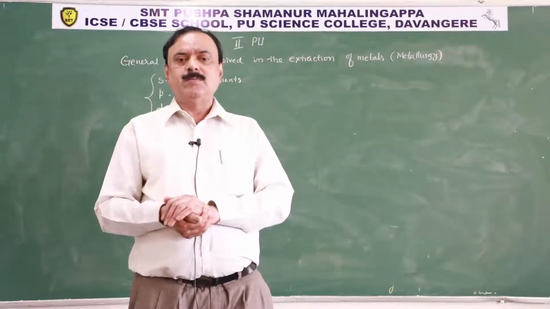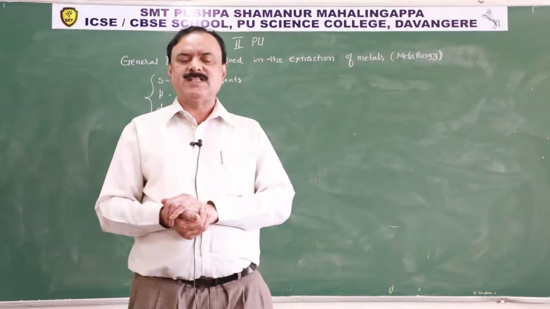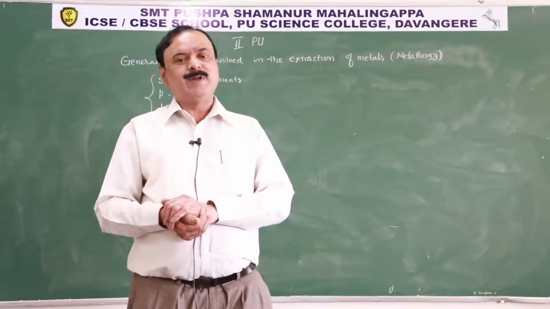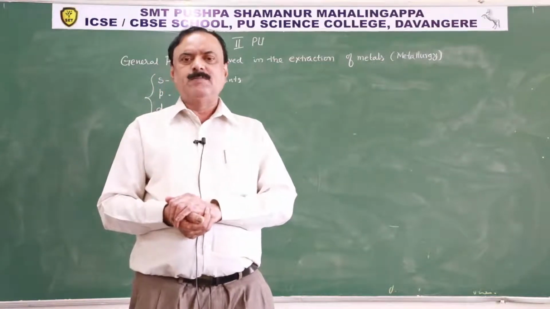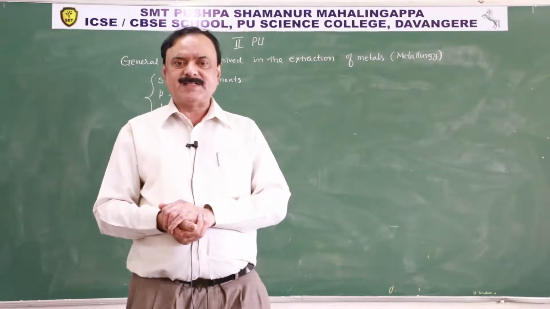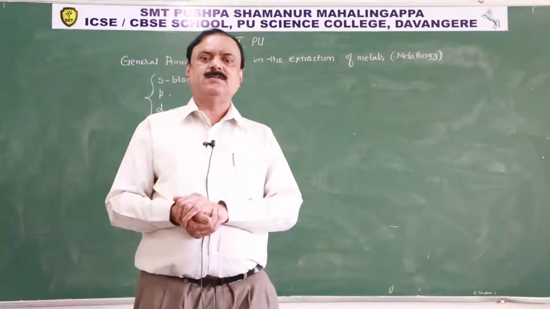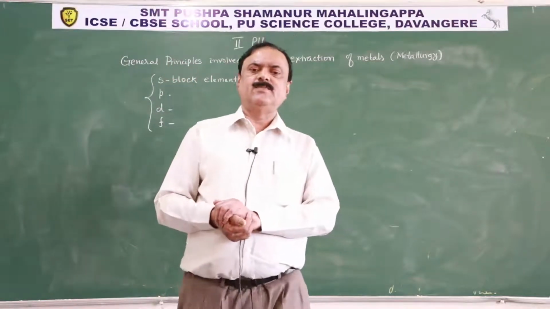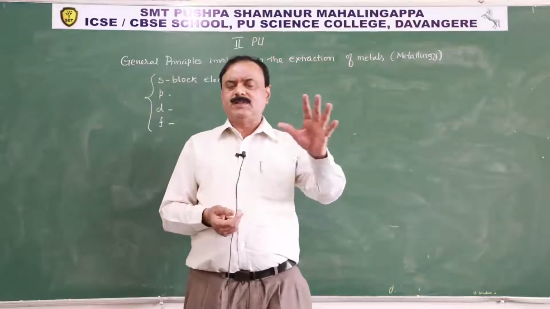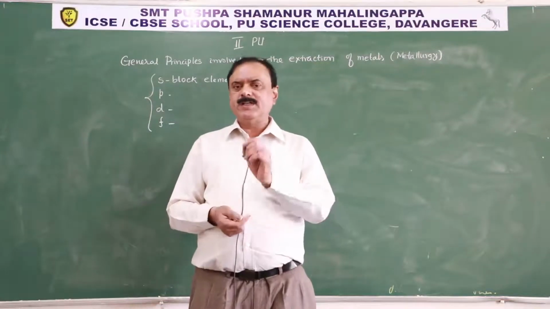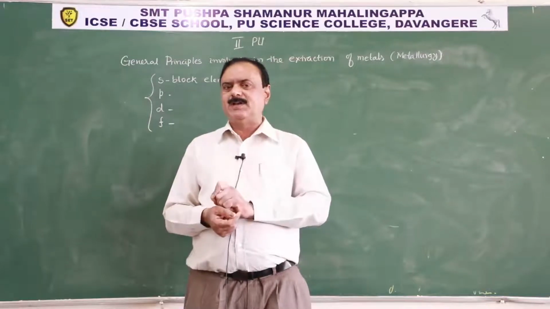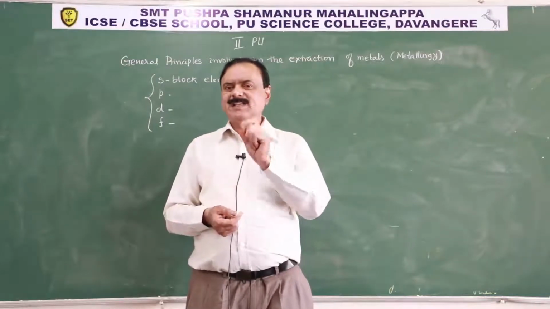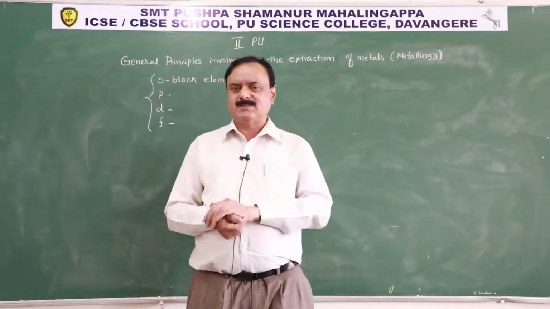F block elements exhibit metallic character, and a few P block elements, because P block elements constitute non-metals, metalloids and metals. It is composed of all the three. More than 80 elements in the modern periodic table exhibit metallic character.